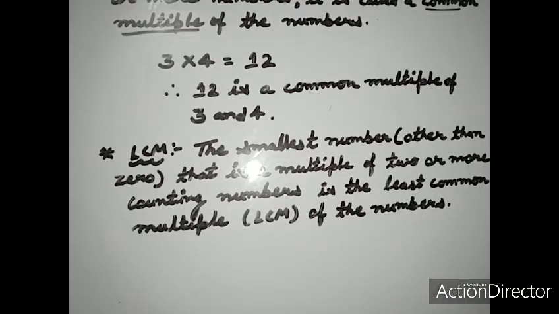So there are different ways to find the LCM of two or more numbers. Here we discuss three methods. First, by listing the multiples. Second, by prime factorization, and the third, by the division method. First we will discuss listing multiples.